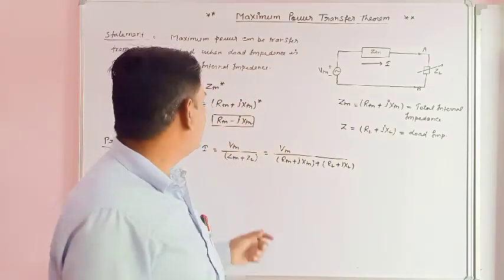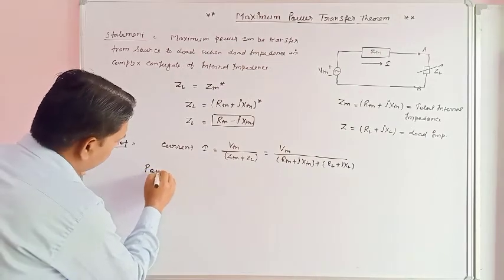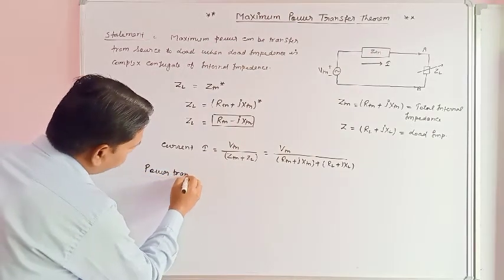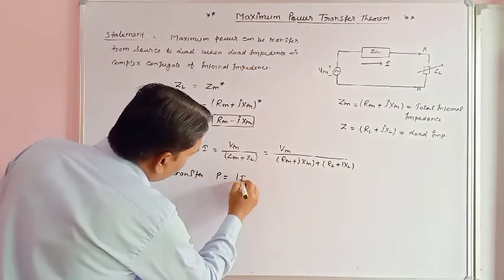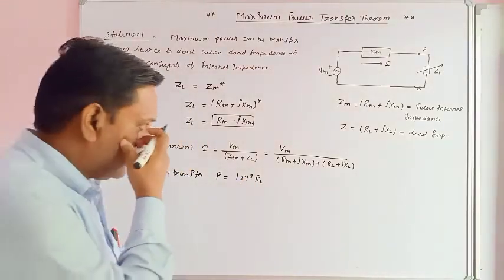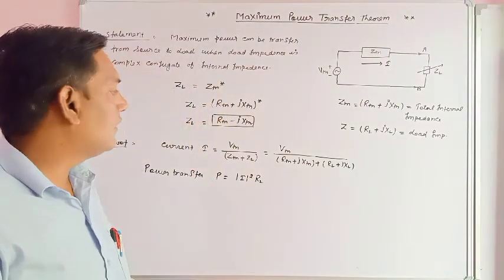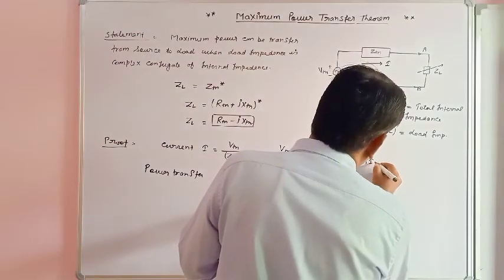We take the mod of this current. The power transfer P will be equal to mod of I square into R, because the active power is consumed only in the real part.